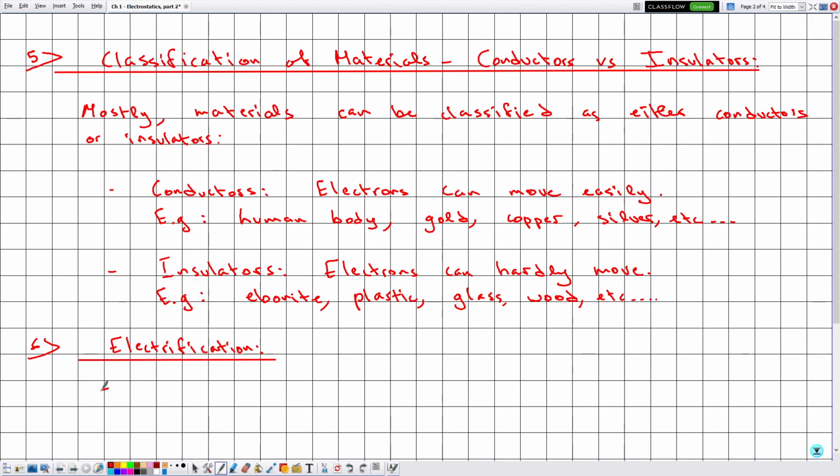Electrification is the process in which a material gets electrified, or let me say a material becomes charged.